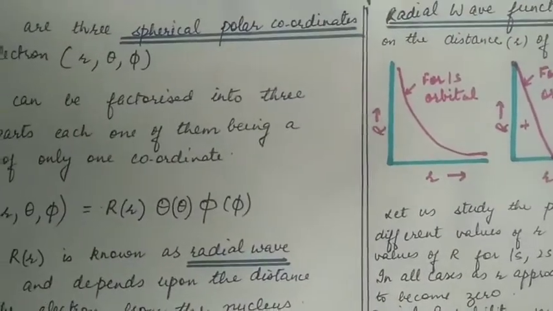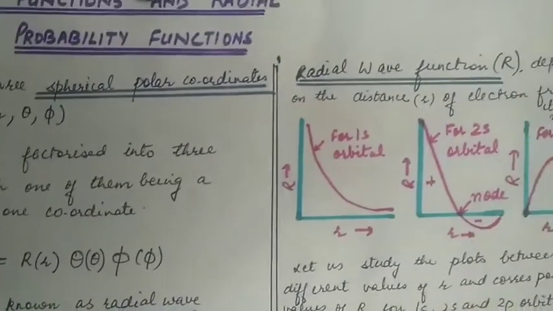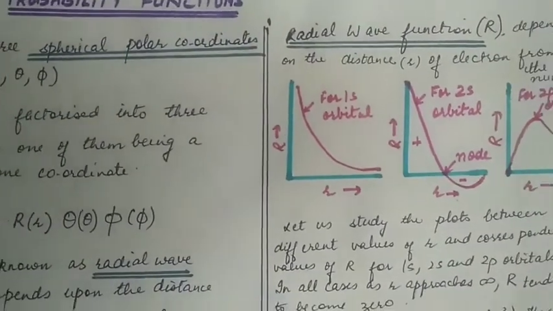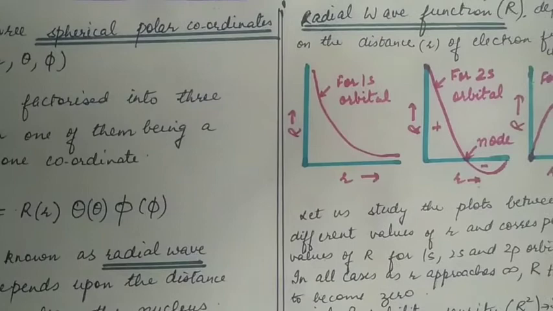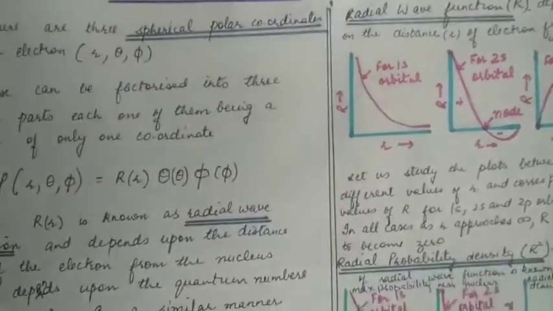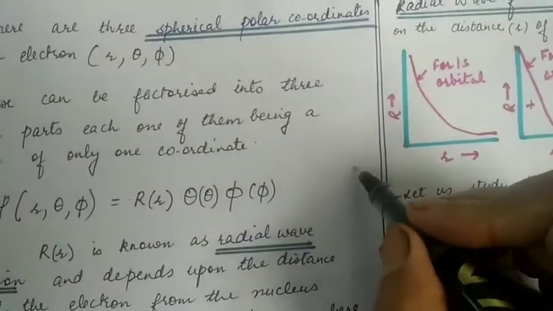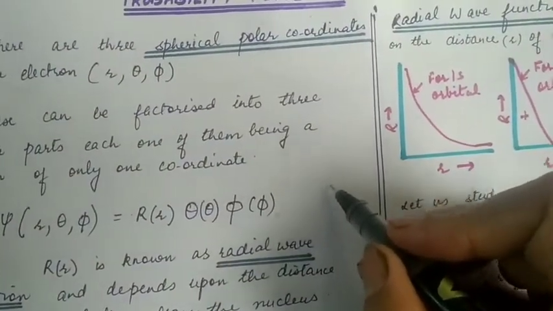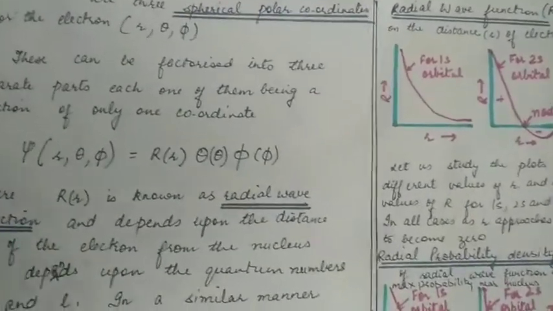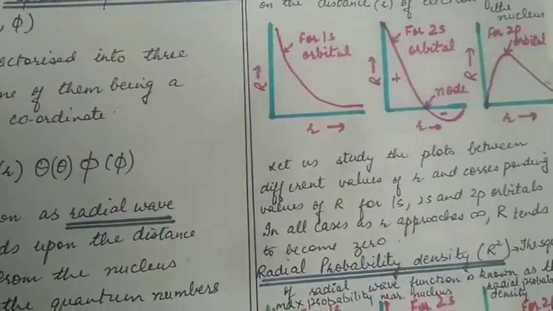The signs positive and negative indicate the sign of wave functions at different distance from the nucleus, in the same way as we notice the positive and negative signs of the amplitude of the plane waves. If this is a wave, then upper one is positive sign and lower one is negative sign. There is no connection with the normal positive and negative charges.